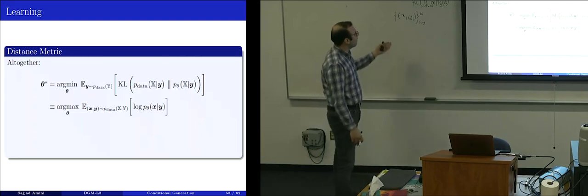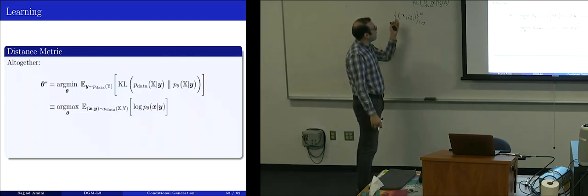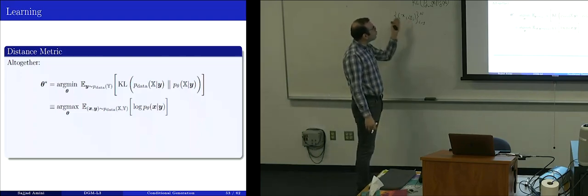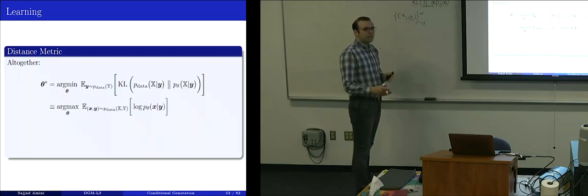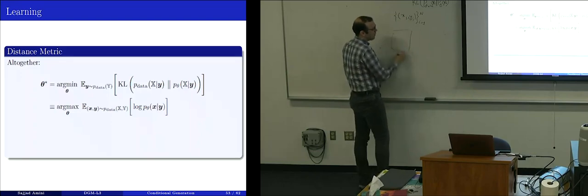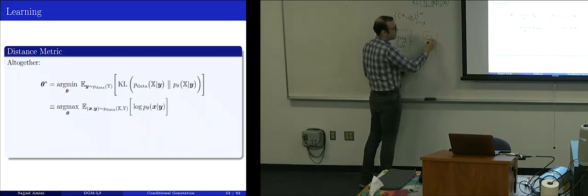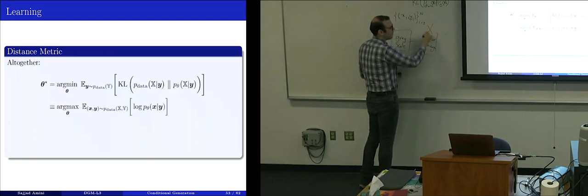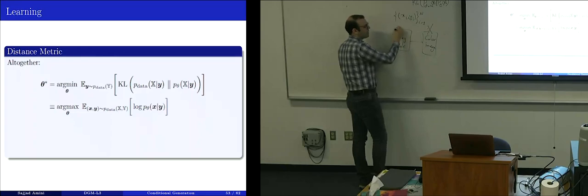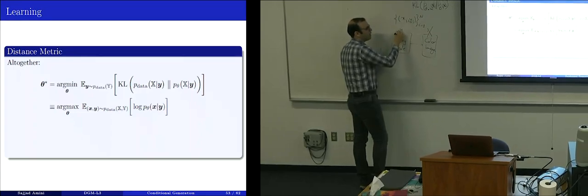For example, if you have a grayscale image, you must have the color image in the training data. If you assume that you want to train a model that transfers a grayscale image into a color image, this color image is random variable X. This grayscale image is input Y.